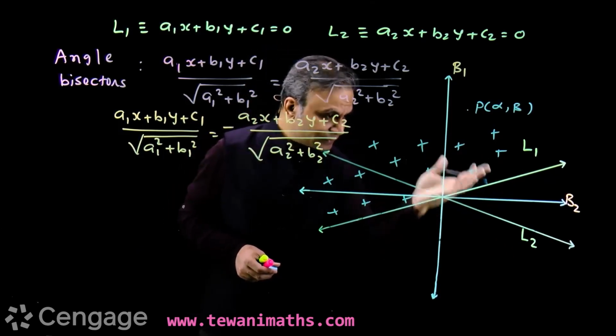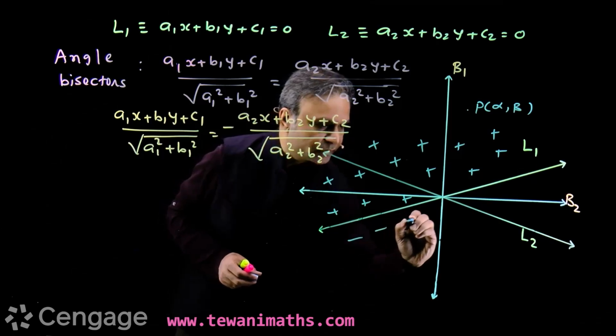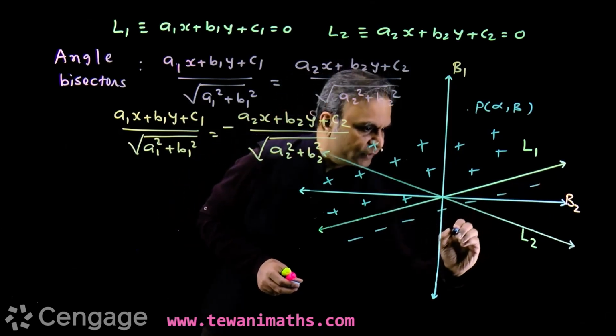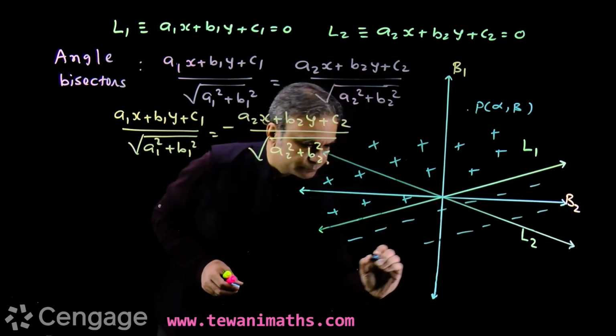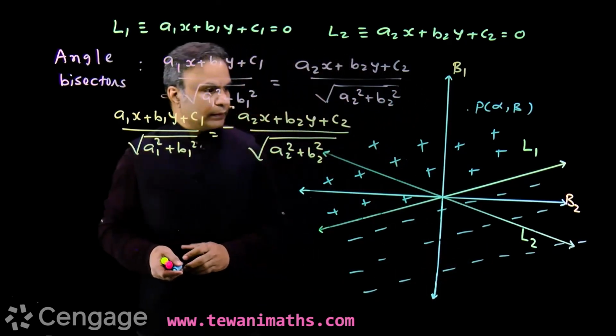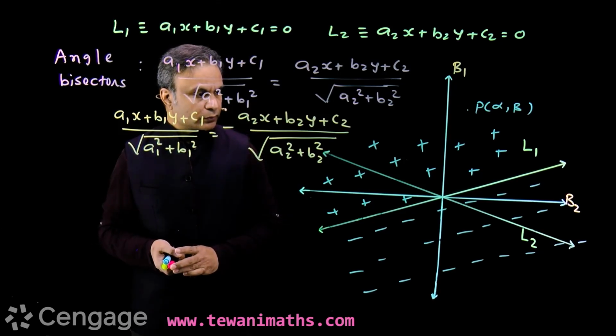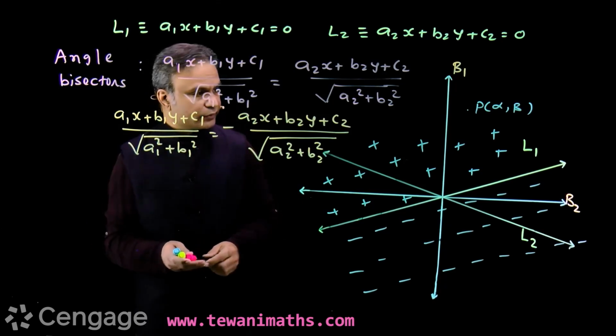So this region will be negative with respect to line L1, so I put a minus sign everywhere here. Similarly, L2 will divide the plane into two parts, one positive region and one negative region.